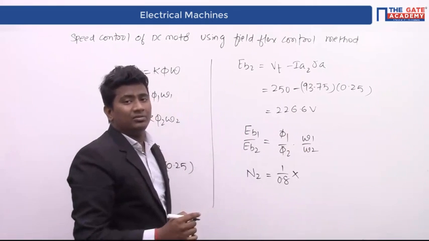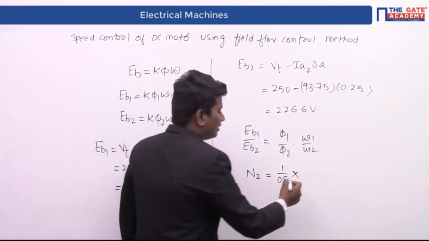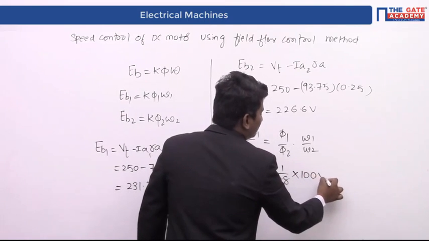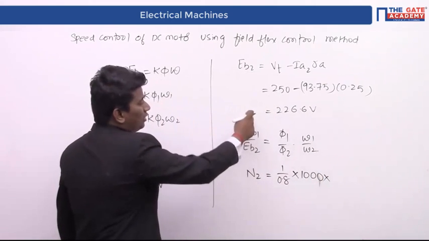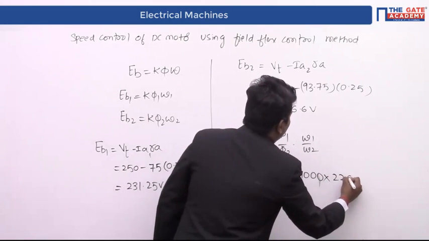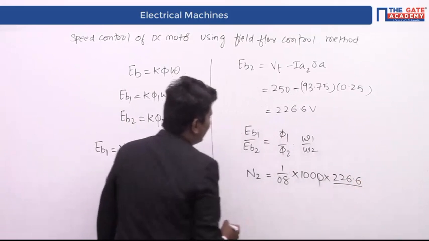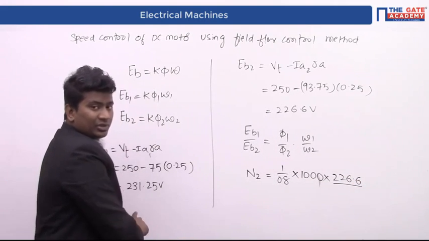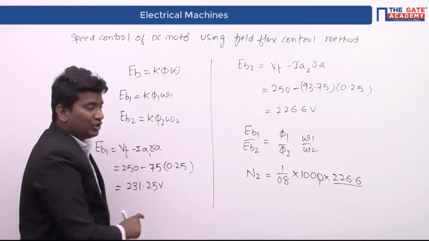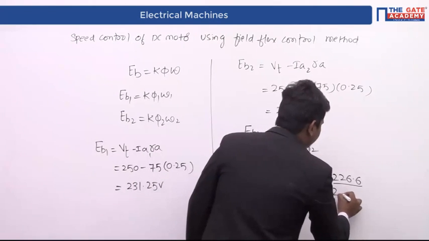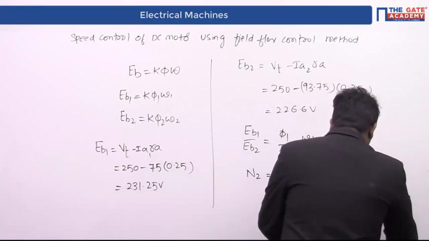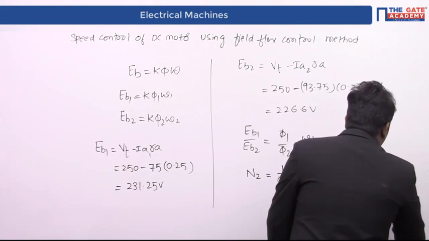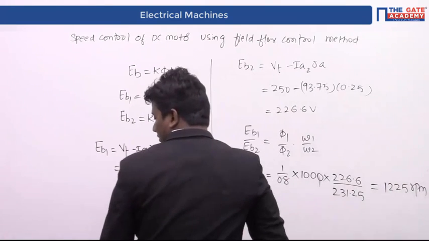What is the speed before changing the flux? 1000 RPM. What is the EB2 we got? 226.6 divided by EB1, which we got as 231.25 volts. Therefore, the resultant speed is 1225 RPM.